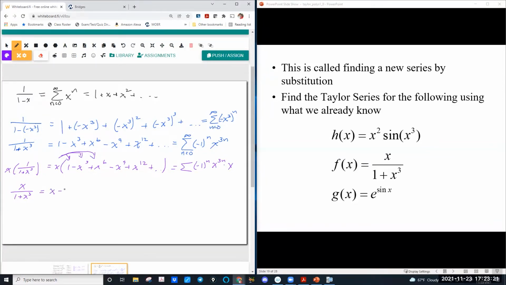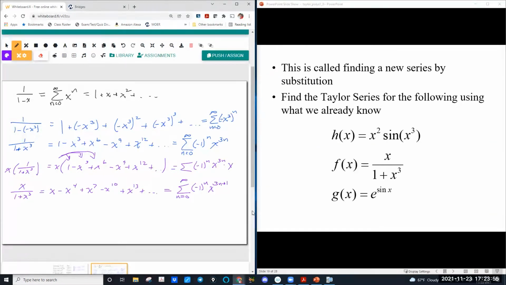So x minus x to the 4th plus x to the 7th minus x to the 10th plus x to the 13th, so on and so forth. And then for our summation, we have negative 1 to the n. We can combine those because they have the same base. That would be x to the 3n plus 1 up in the exponent. Still going to start at 0, still going to go up to infinity.